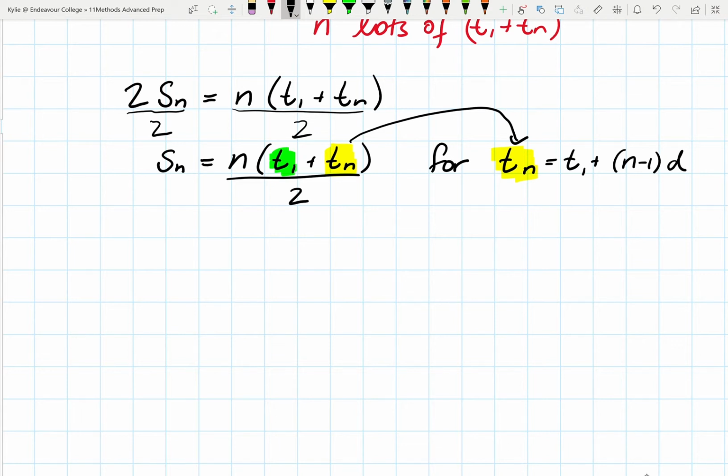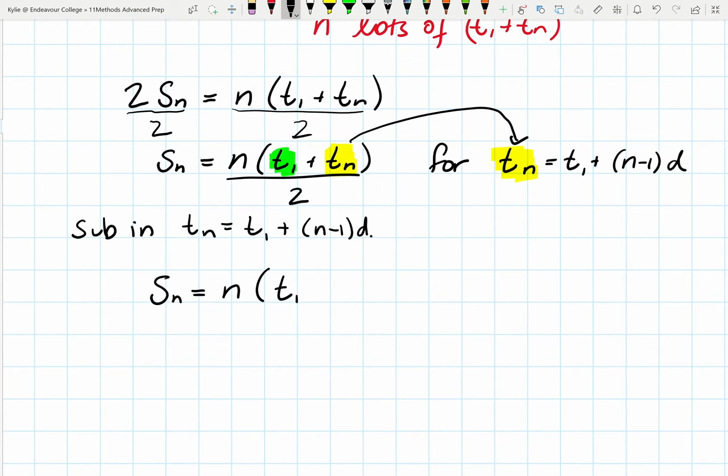So we can sub in Tn equals T1 plus n minus 1 lots of d, and we get Sn is n outside, T1 stays the same, and then we substitute this whole thing in where Tn was.